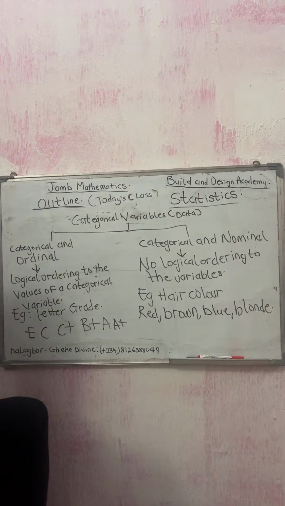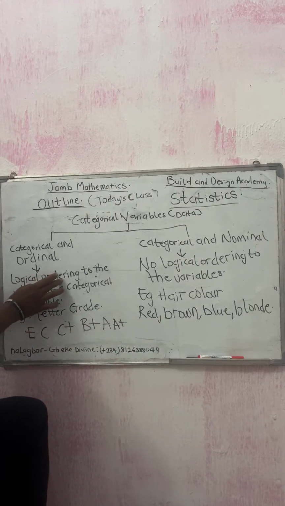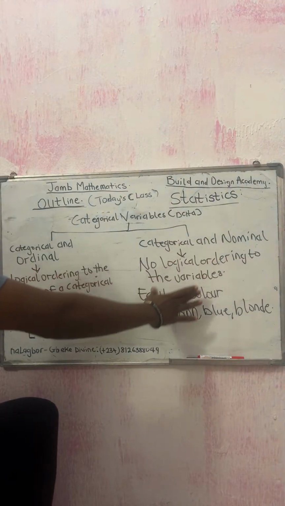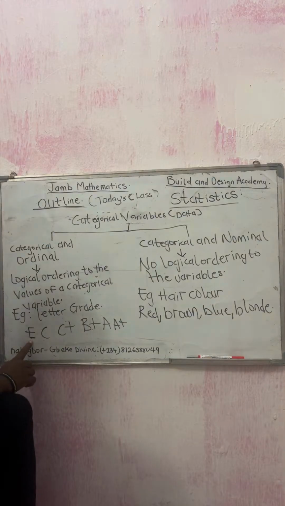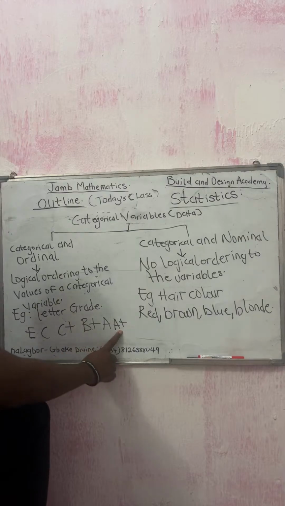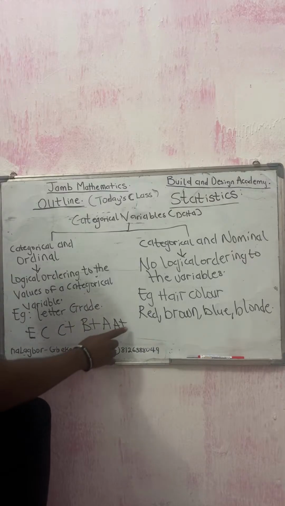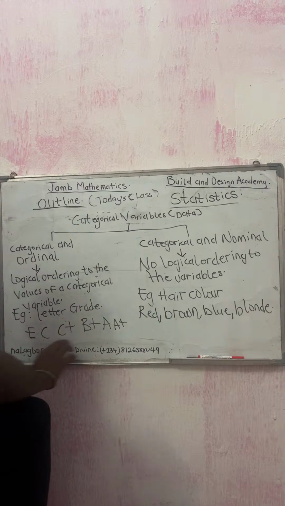Then let's move to quantitative variables, but please write this down first. Do you understand this arrangement? This one has logical ordering for categorical ordinal, while for categorical nominal, there is no order. It goes from E, the worst grade, to C, to B, to A, the best grade. It's arranged orderly.